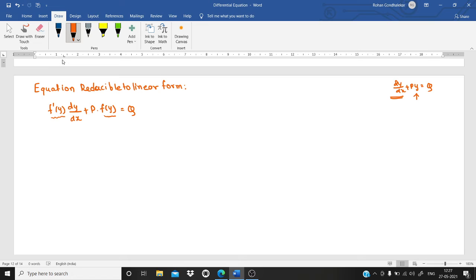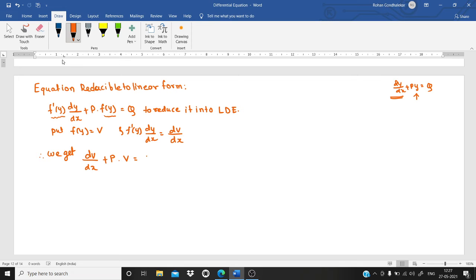So to reduce it into a linear differential equation, put f of y is equal to v, and f dash of y into dy by dx becomes dv by dx. Therefore, we get dv by dx plus p into v is equal to q.